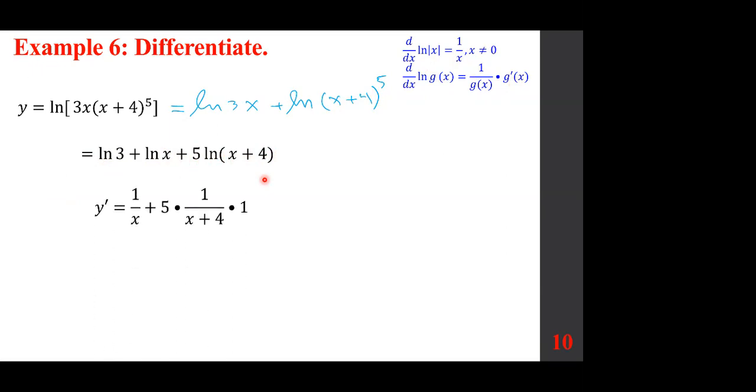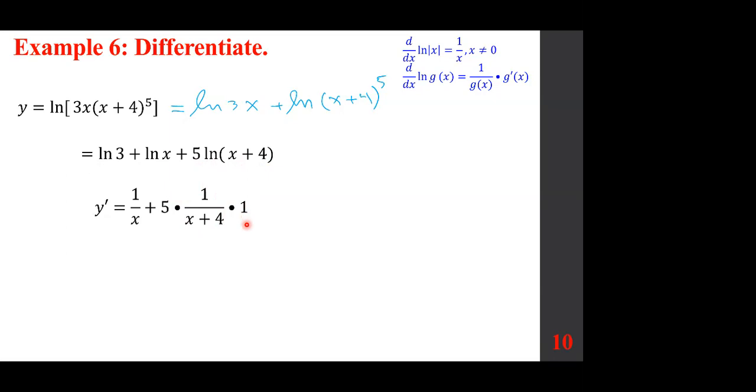So let's recap. ln 3, 0. ln x, 1 over x. 5 remains. Natural log. Flip it over. By the chain rule, the derivative of the inside is 1. And we're done.